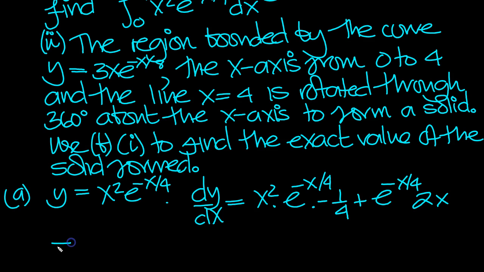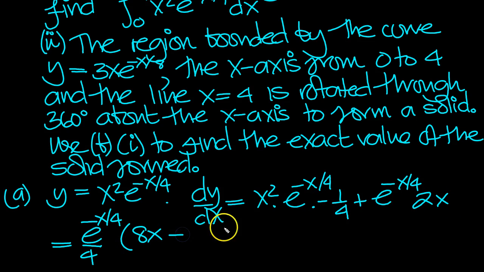Okay, so that's equal to then. So what have we got? We've got an x, we've got a quarter underneath. So let's take the quarter outside, and we'll take an e to the minus x over 4 out. Inside, well, we need 8 here, won't we? 8x, and that will then give 2x as we wish, and with a minus, and we need an x squared, don't we?